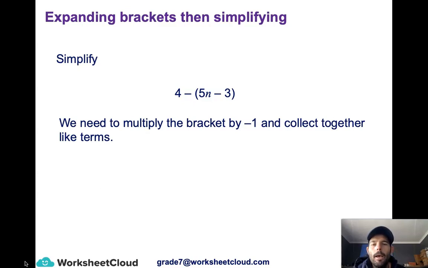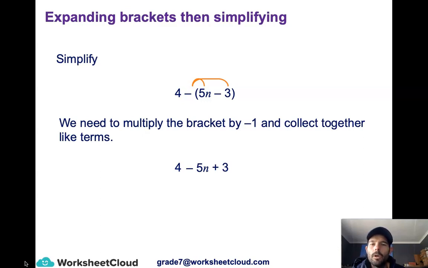But we still need to multiply the brackets by negative 1. So negative 1 times 5n is going to be equal to negative 5n. Then we have negative 1 times negative 3, and a negative times a negative is a positive, and that gives us positive 3.